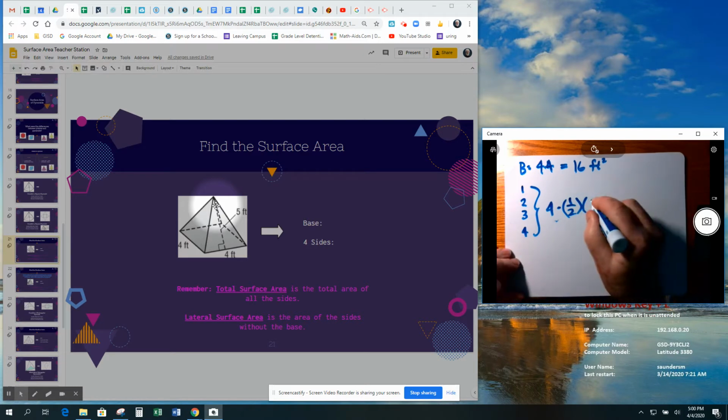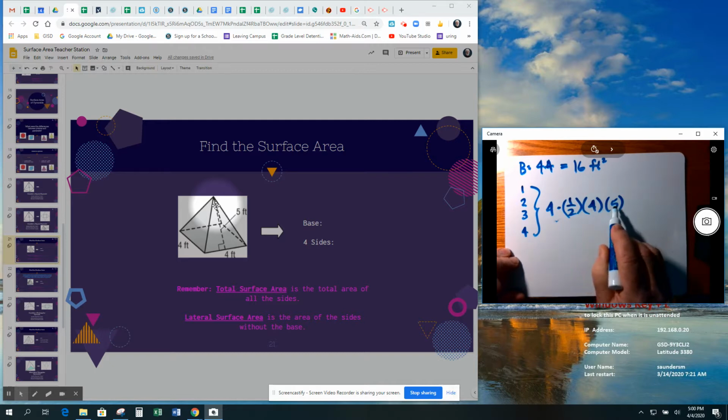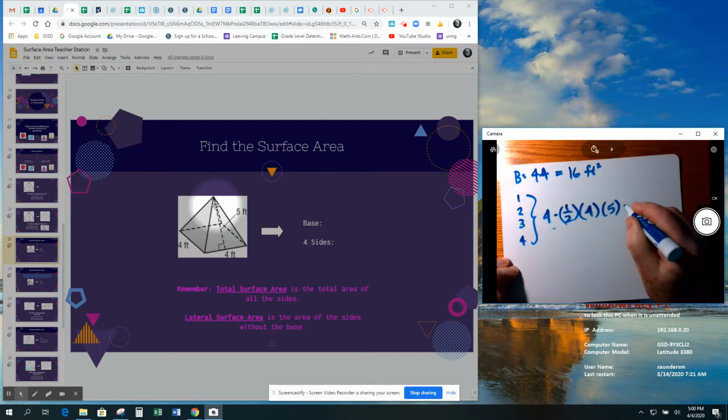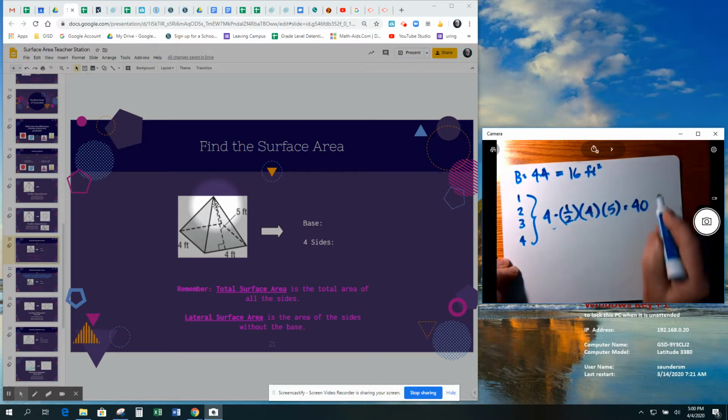So 1/2 times 4 is 2. 2 times 4 is 8. And 8 times 5 is 40. So this equals 40, which would be our lateral side. So our lateral surface area is going to be 40 square feet. Our lateral surface area is all the 4 sides without the base. That's 40 square feet.